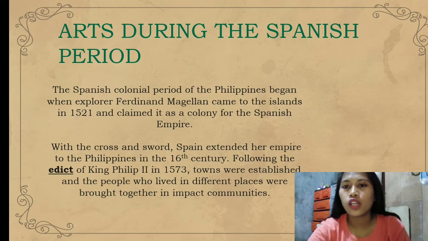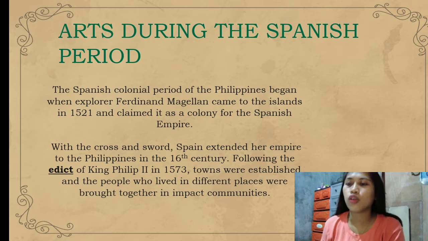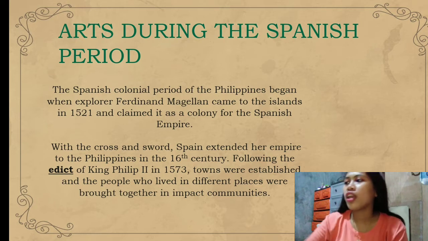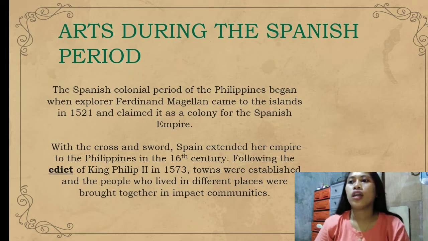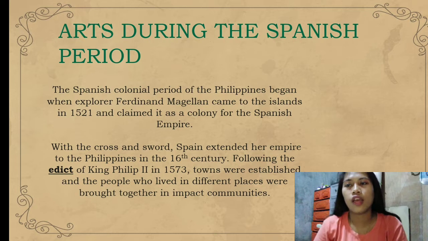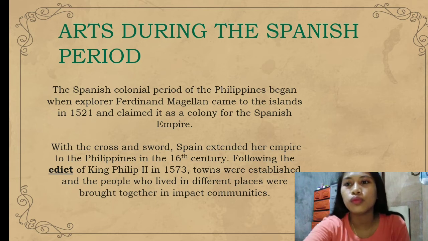And also, towns were established and the people who lived in different places were brought together in impact communities. They were brought together as one community because this is the desired result of multiple strategies and efforts that King Philip proclaimed so that it would be easier to colonize and spread their propaganda, which is Catholicism.